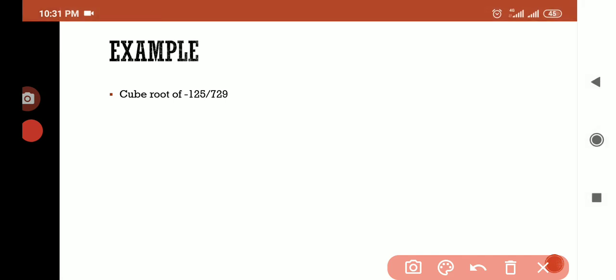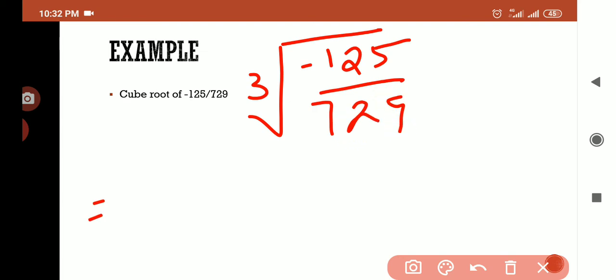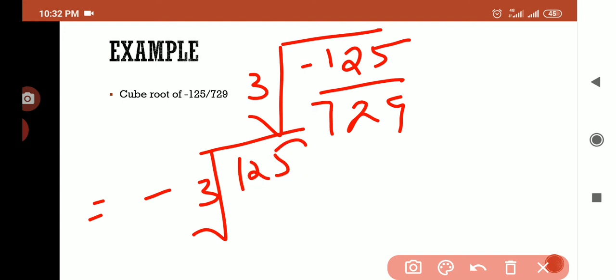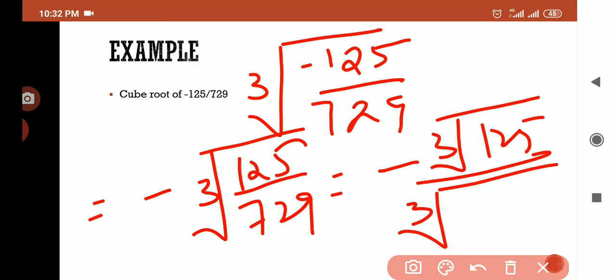We have to find the cube root of a negative fraction. If we have the cube root of minus 125 upon 729, it can be written with the negative sign taken out, and then the cube root of 125 upon the cube root of 729.